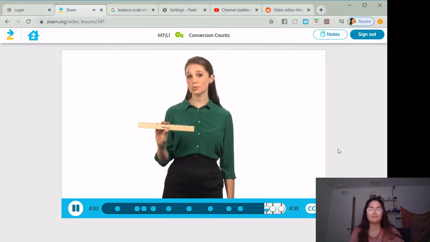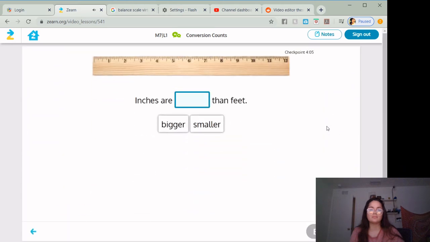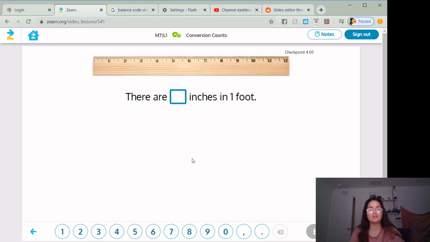Now let's examine just the ruler to compare inches and feet. All right, so I want us to think, are inches smaller or bigger than feet? If you said that inches are smaller than feet, then you would be correct.